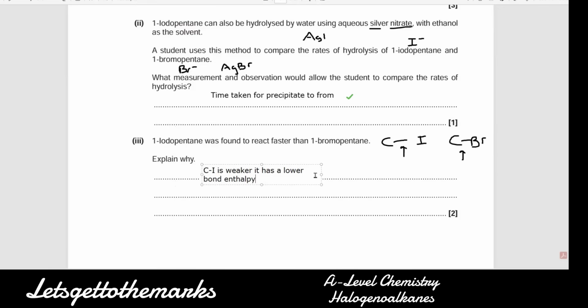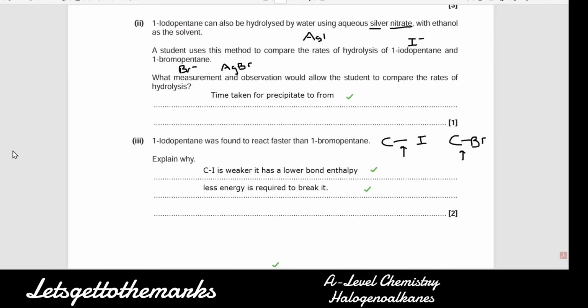And what that means is less energy is required to break it. So for halogenoalkanes, the speed at which they react is down to the bond enthalpy. And of course, the C-F bond is going to be the strongest, followed by C-Cl, followed by C-Br, and then C-I. And so you want to be sticking to bond enthalpy and the energy required to break.